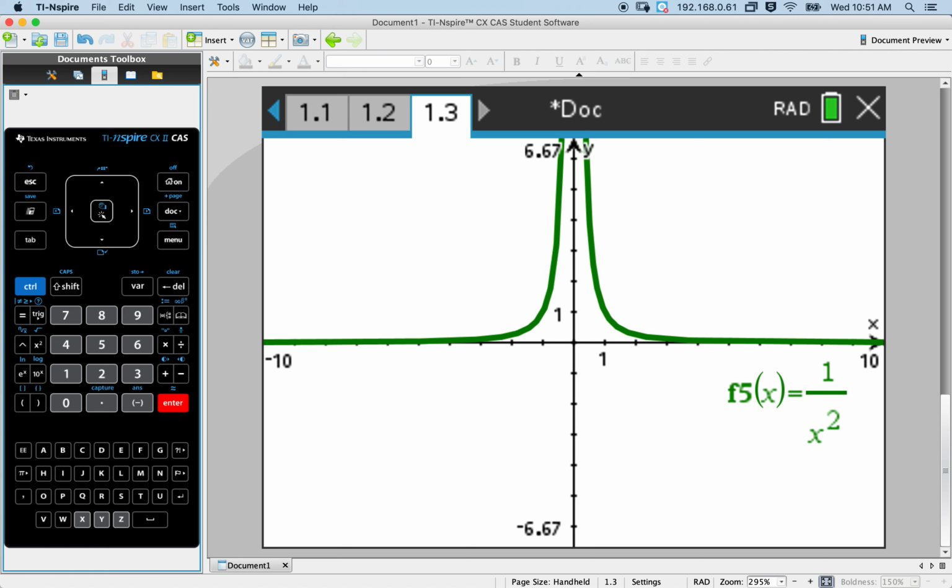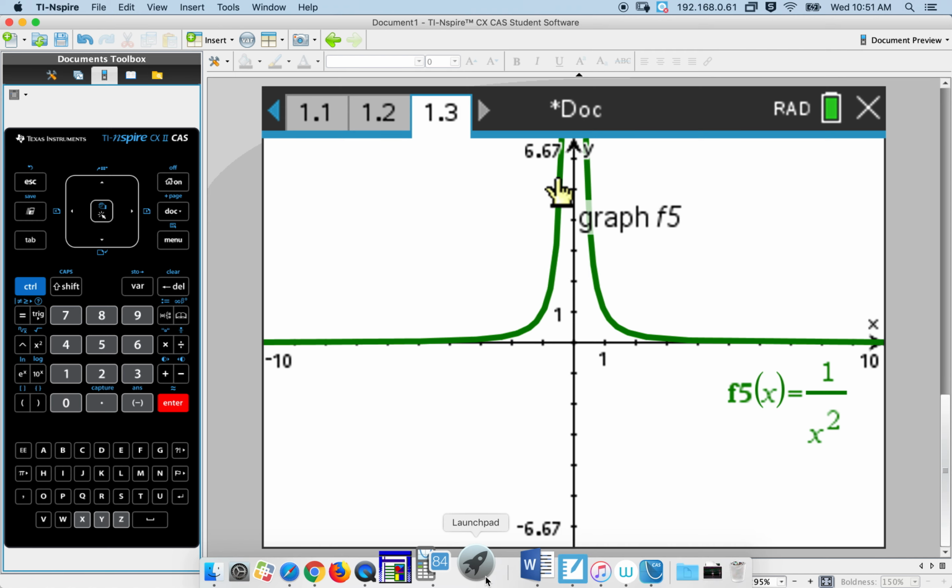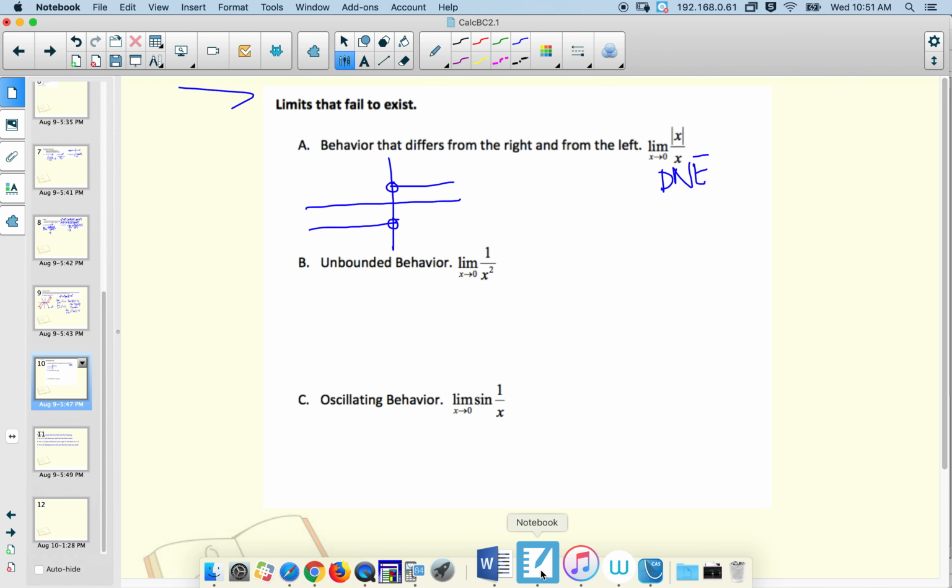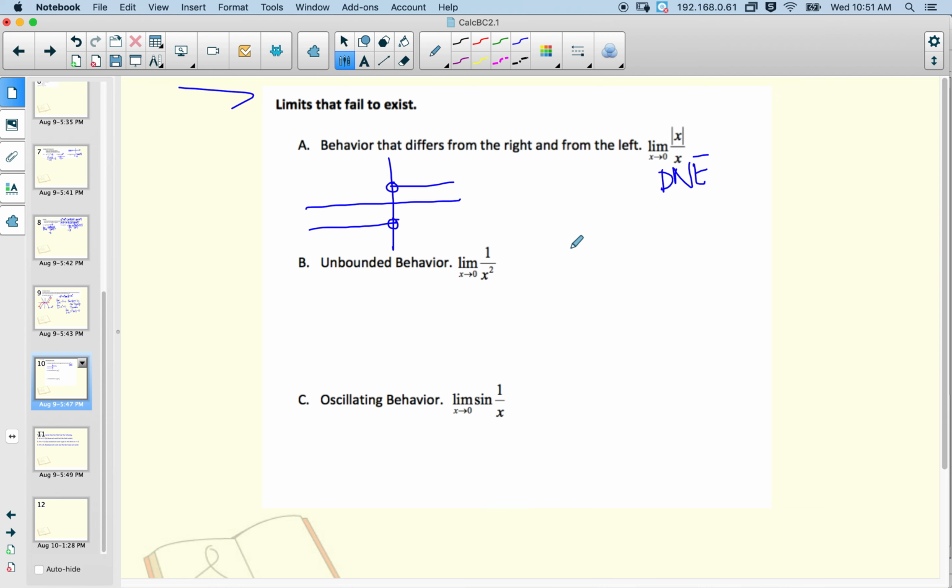Okay, so that's what that graph looks like. As x approaches 0, that's going to positive infinity on the right, positive infinity on the left, and therefore that does not exist. Even though they're both going to positive infinity, infinity is not a number. So you never really get anywhere. It's unbounded, meaning it goes on forever. So therefore that limit does not exist.